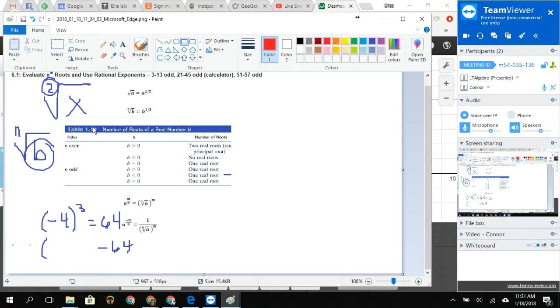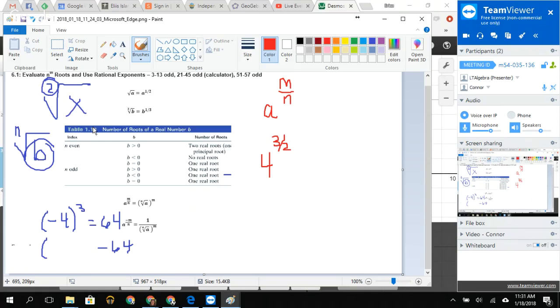If we have a to the m over n power, let's do some real numbers here. We have 4 to the 3 over 2 power. It's kind of weird when we see it like that. That can be evaluated as a square root.